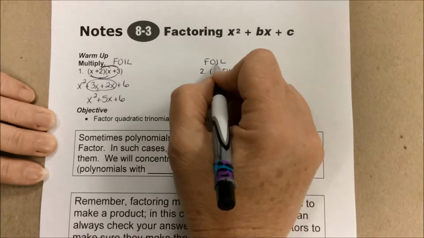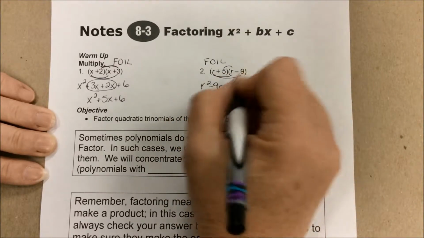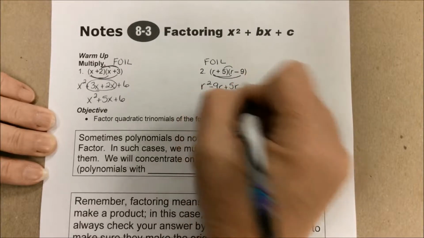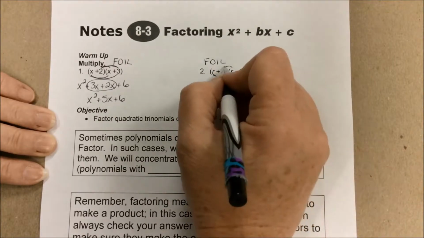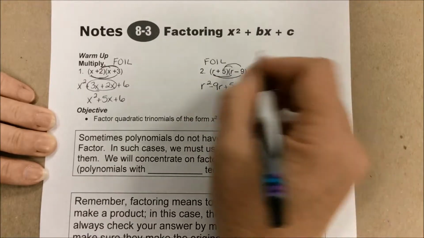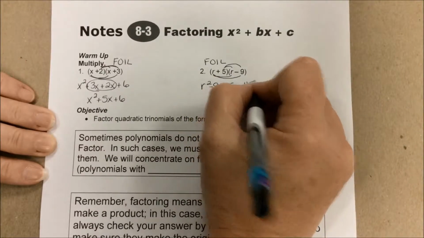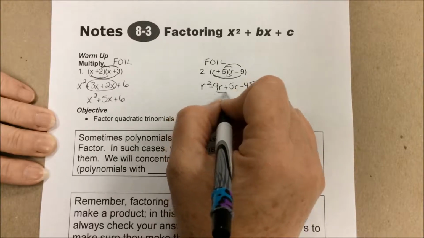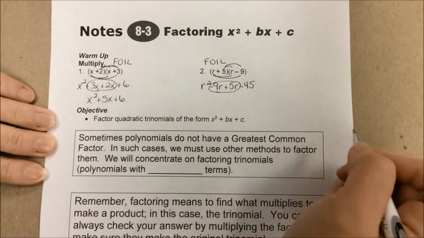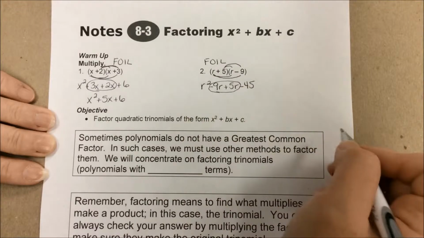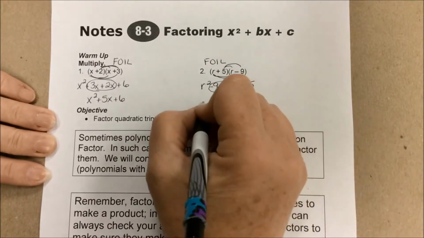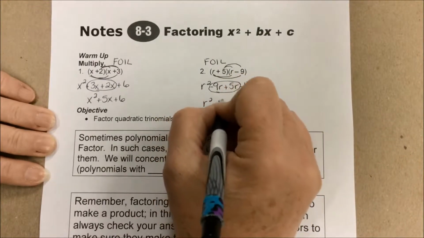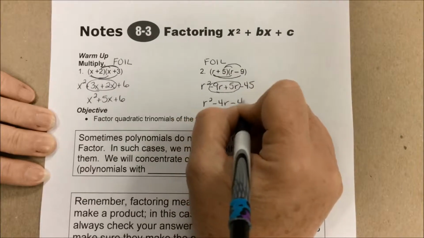The I stands for inside, so 5 times r is 5r. And L stands for the last terms. 5 times negative 9 is negative 45. And once again, if you notice, the two middle terms can be put together. Negative 9r and 5r together make negative 4r, so this would be r squared minus 4r minus 45.